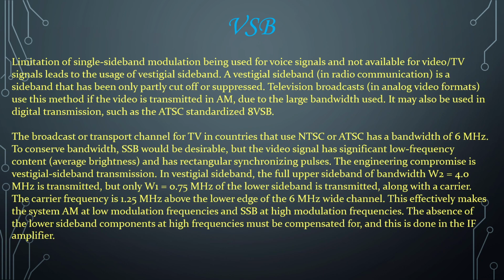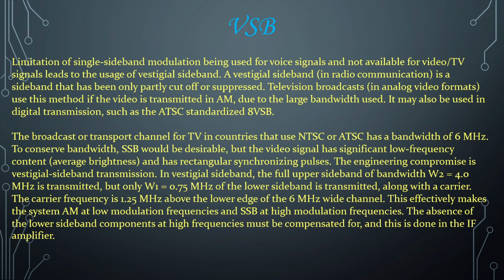Now we come to the most important part of the SSB, which is the vestigial sideband, or VSB. The limitation of single sideband modulation being used for voice signals and not available for video TV signals leads to the usage of vestigial sideband. The vestigial sideband in radio communication is a sideband that has been only partly cut off or suppressed.